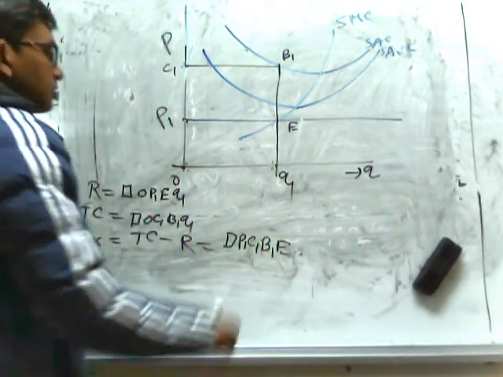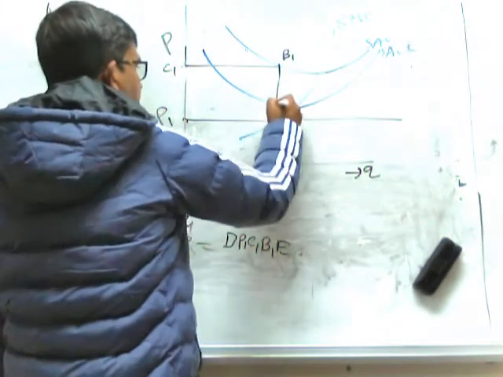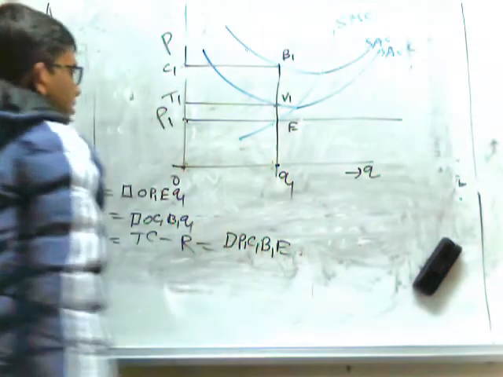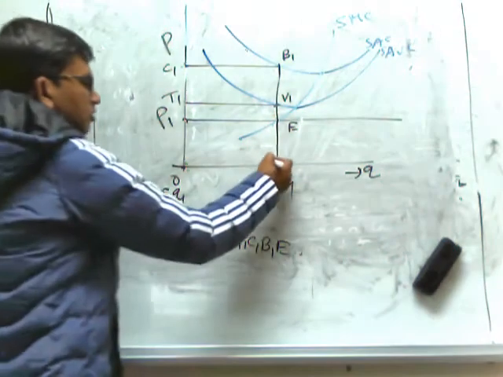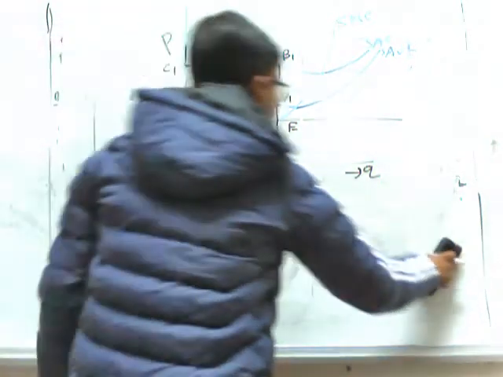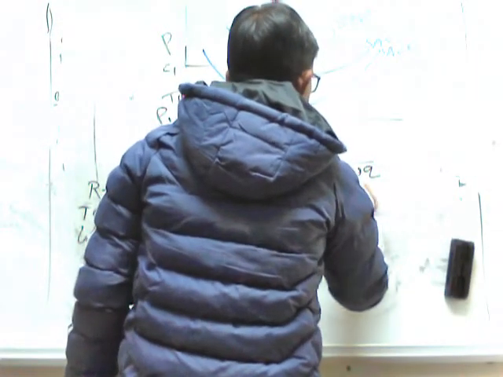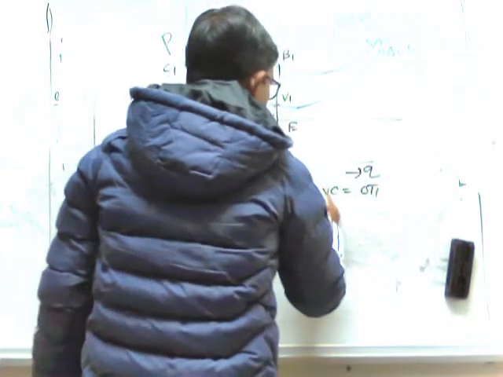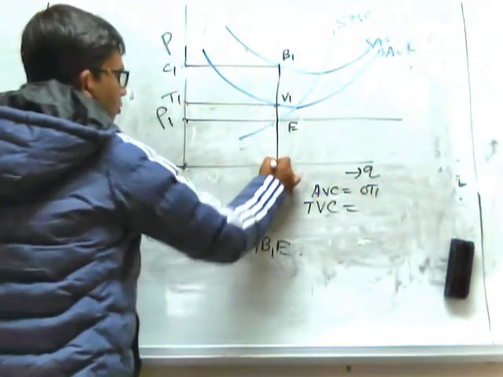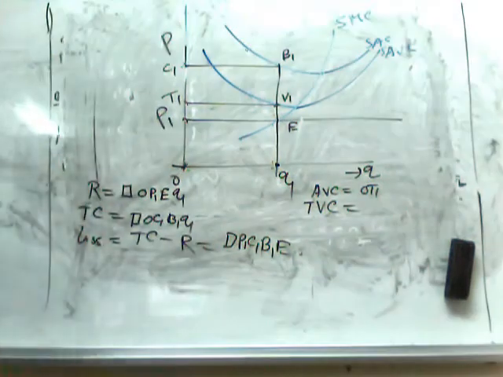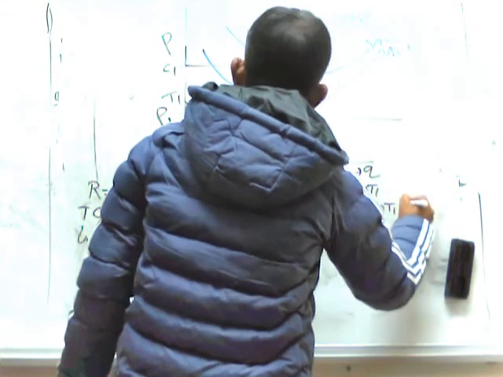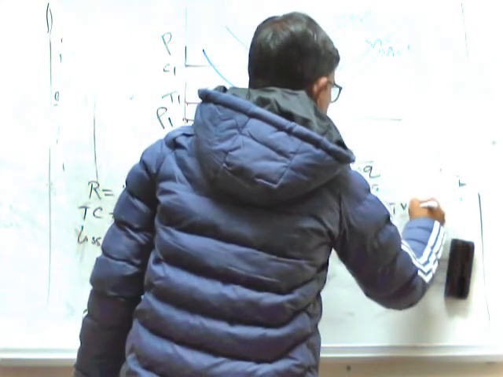So at this level of output, average variable cost is Q1 B1, or we can write OT1. So AVC is OT1. So total variable cost will be OT1 multiplied by OQ1. So area of the rectangle OT1 V1 Q1.